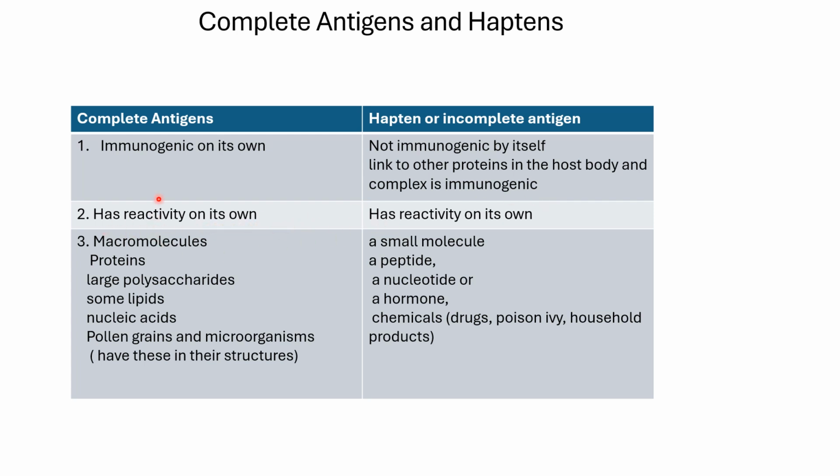And then the complete antigens are larger molecules like macromolecules, proteins, large polysaccharides, some lipids, nucleic acids, and all of us have heard about the response to pollen, allergy, and those things. So these are the pollen grains and microorganisms. They have these macromolecules in their structure, and because of that, there can be an immune response against them.